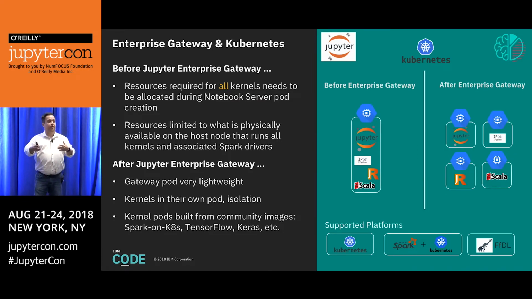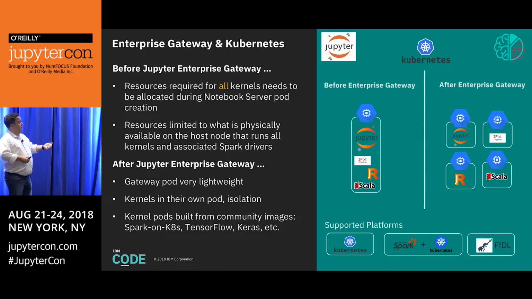So, for example, if you have 3 GPUs that are available for you, you can actually have 3 different kernels, each one using 1 GPU, and you can start leveraging those resources much more efficiently. With this, the actual Jupyter Notebook becomes very lightweight, and all the resources that you need are only allocated for the time that you need them.